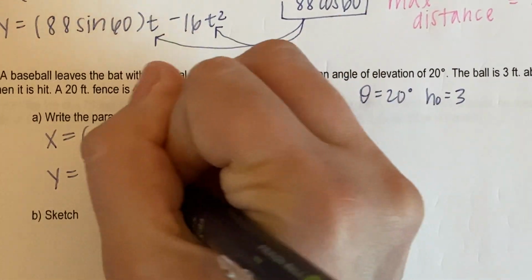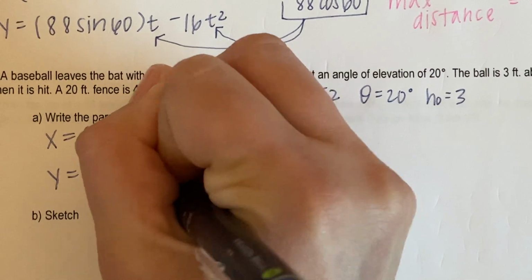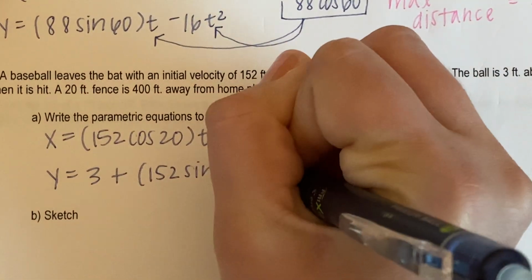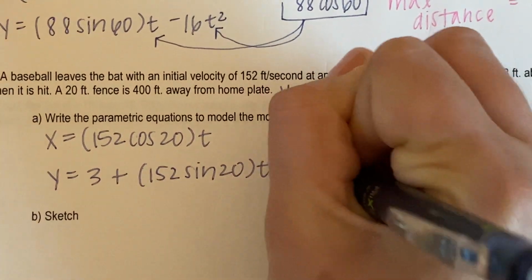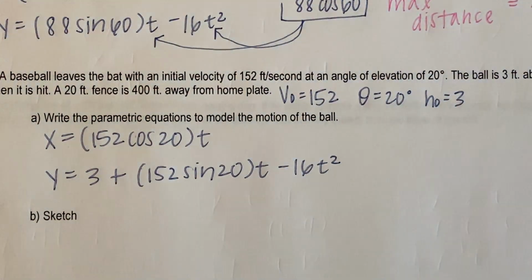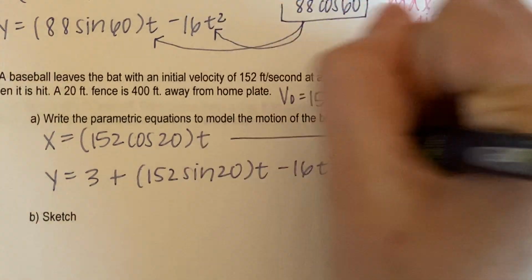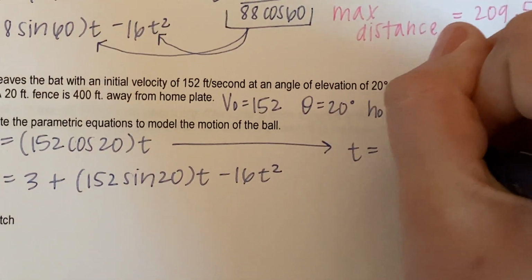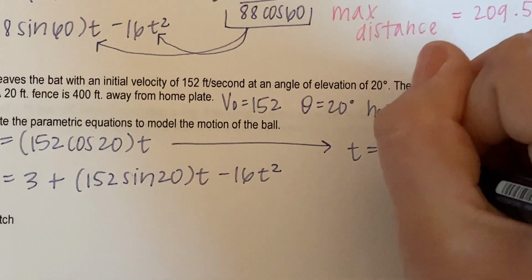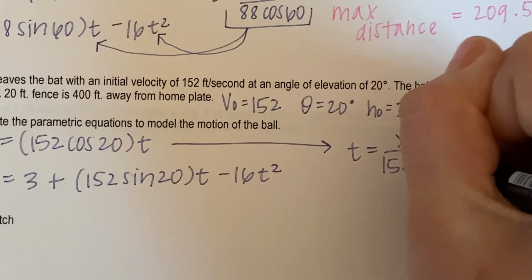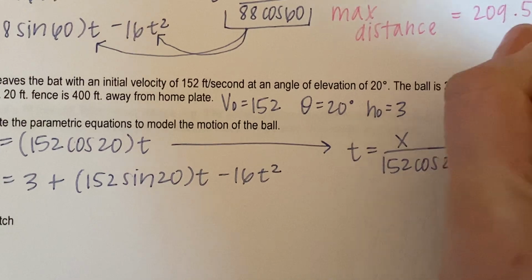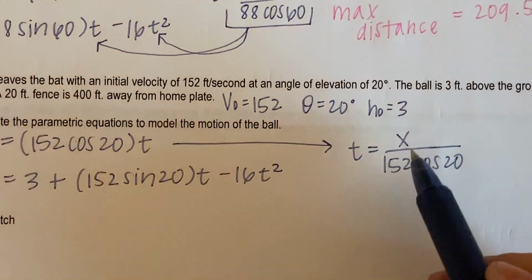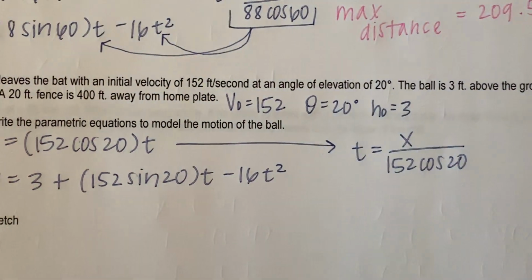So 3 plus 152 sine 20 times t minus 16t squared. But we know we're going to have to solve for t, so we can go ahead and do that. So x is being divided by that whole section. Okay, so we're going to take all this, plug it into our t's whenever we go to graph.